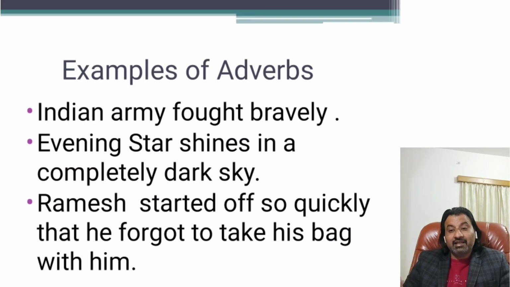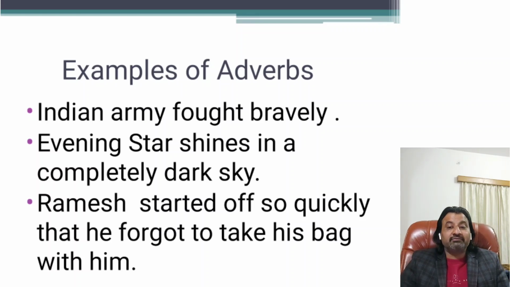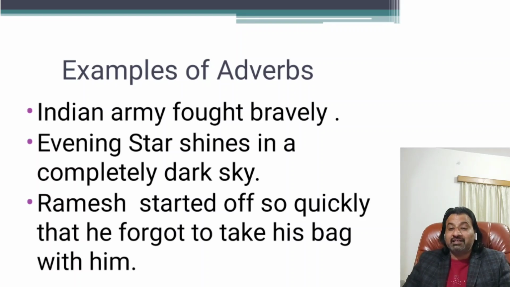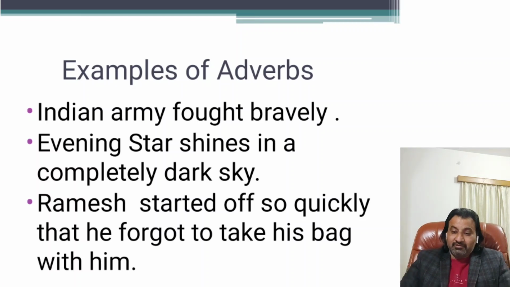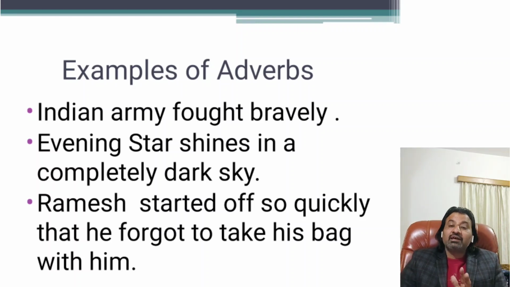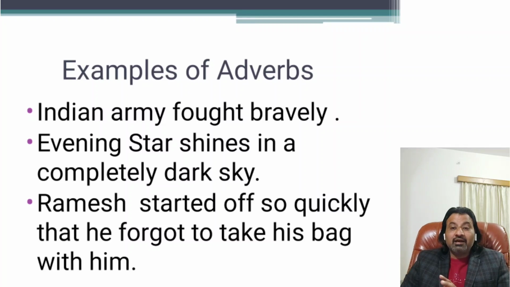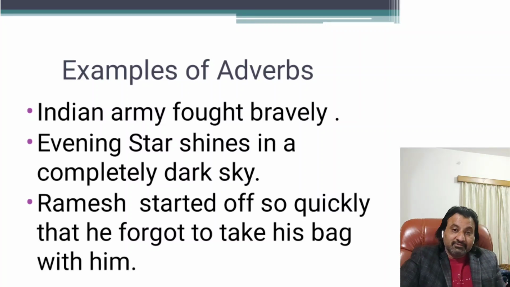Quickly is another adverb, but this adverb is being modified by the word so. So is another adverb that is going to change or modify the meaning of another adverb. So we can say an adverb is a word that can modify a verb, an adjective, or another adverb.